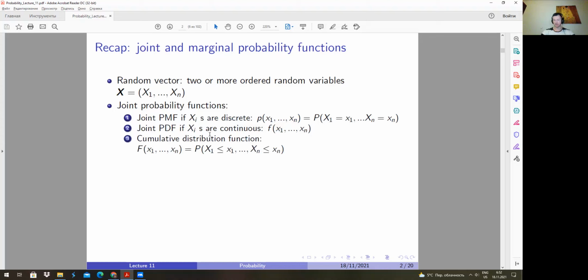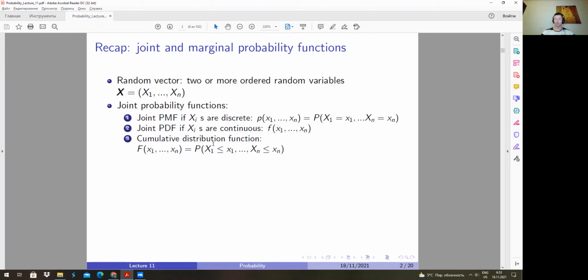The cumulative distribution function is defined as the capital F of several random variables, which simply means that this is the probability that jointly or simultaneously all of these random variables from x1 to xn are less than or equal to some particular number.